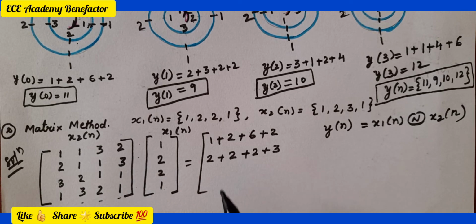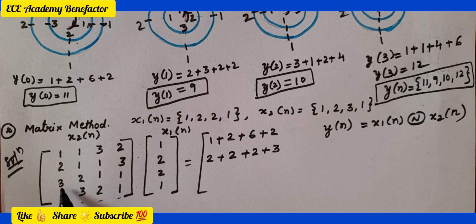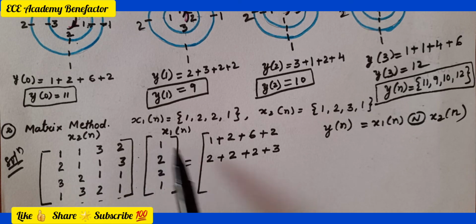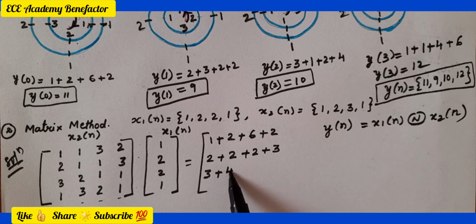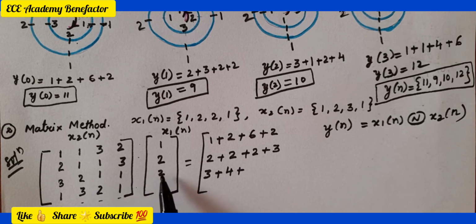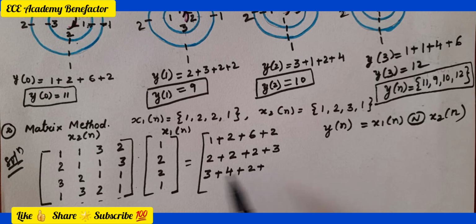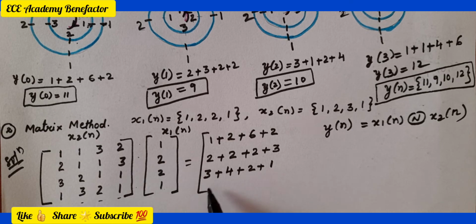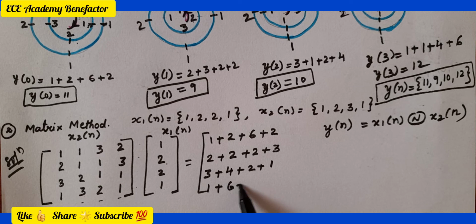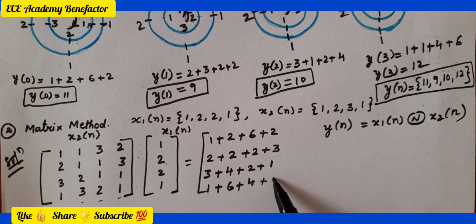So how much it will come? 5 plus 4, 9. Now multiply the third row. 3 1s are 3 plus 2 2s are 4 plus 1 into 2, 2 plus 1 into 1, 1. Last row, 1 into 1, 1 plus 3 into 2, 6 plus 2 into 2, 4 plus 1 into 1, 1.